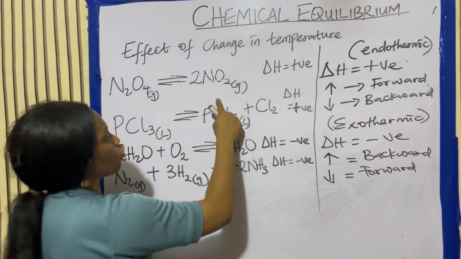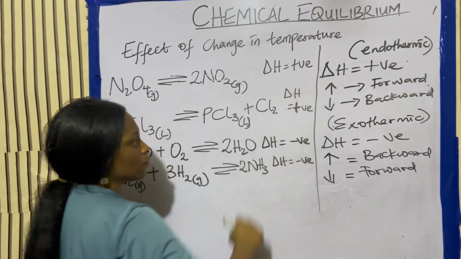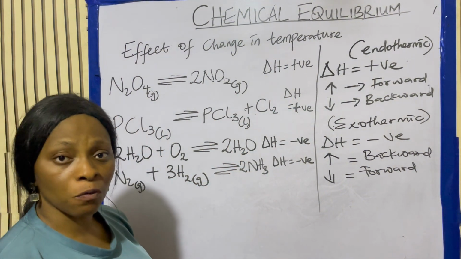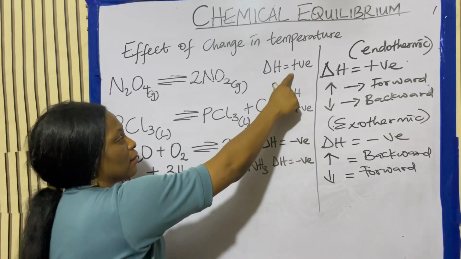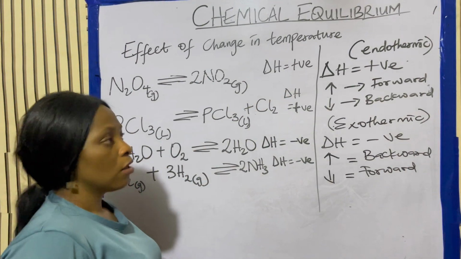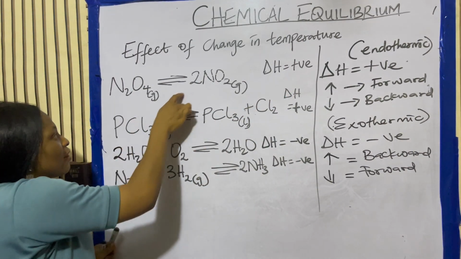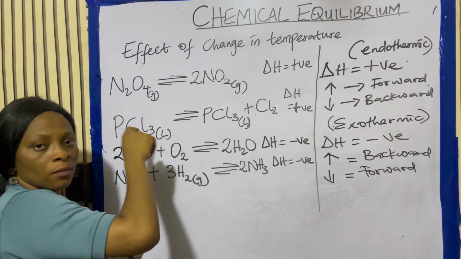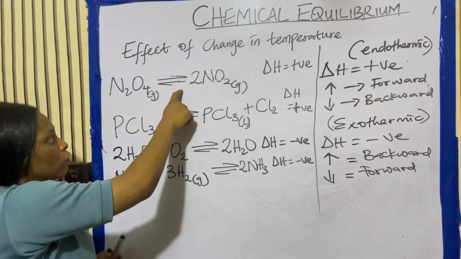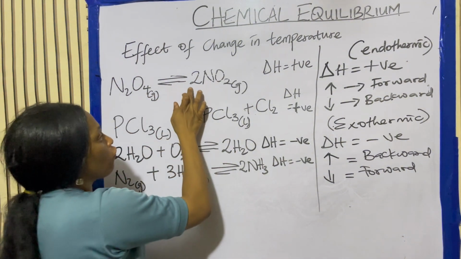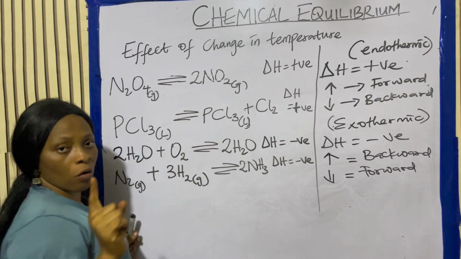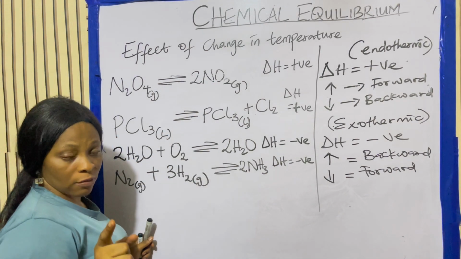Now, this reaction is a positive reaction. Positive means that it is endothermic. So if you increase the temperature of this reaction, it will lead to the formation of more nitrogen tetroxide. Are we together?